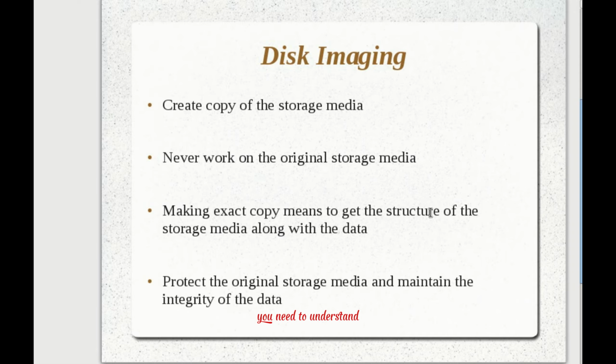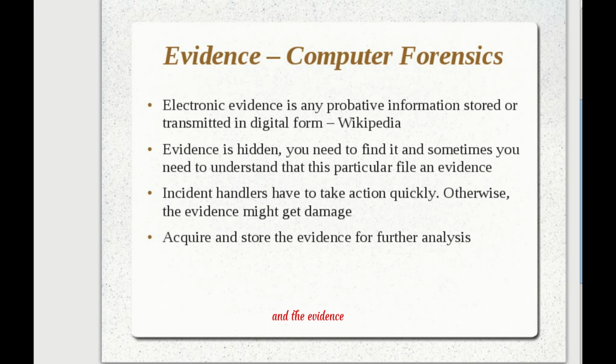You need to understand the structure of the storage media: the file system, the file structure, the volatile and the memory information. There are many things in computer forensic science that you should understand, otherwise you will damage the data and the possible evidence. Protect the original storage media and store it in a safe place to maintain the integrity of the data. And the evidence, let's discuss the evidence.